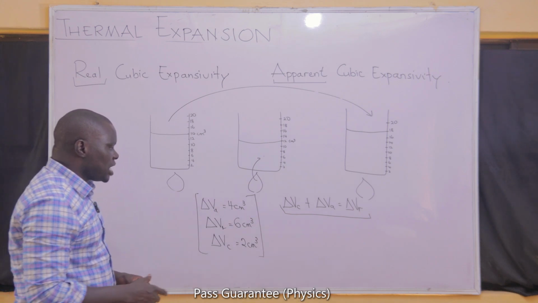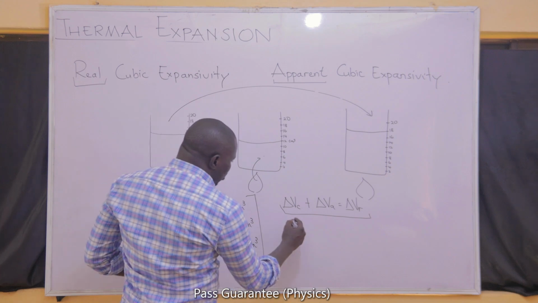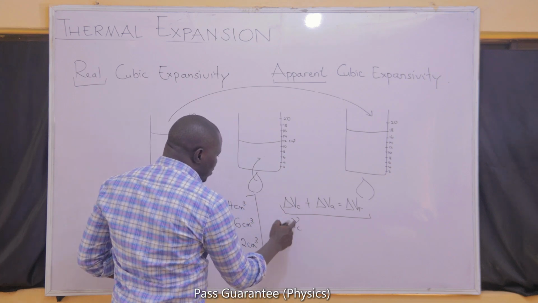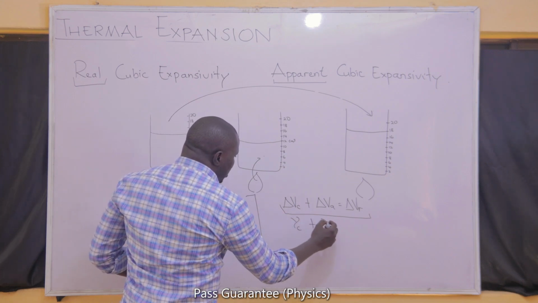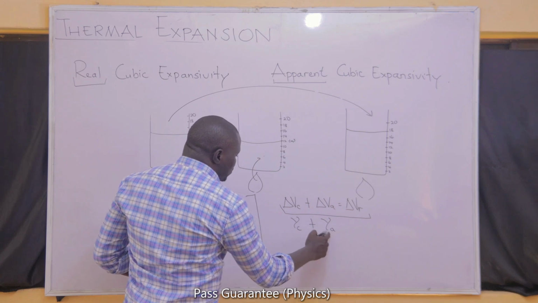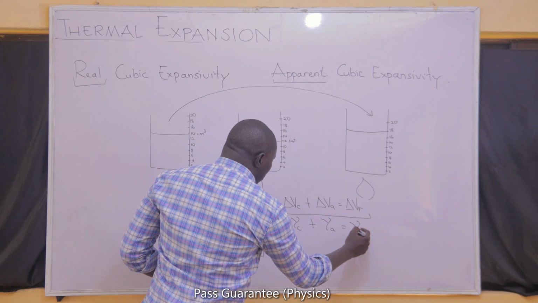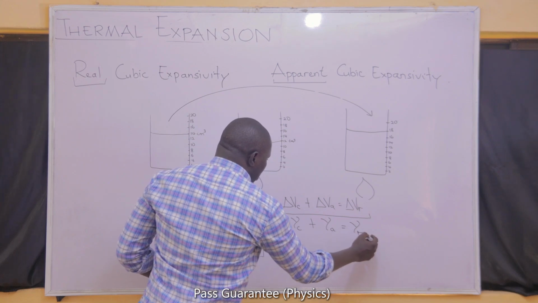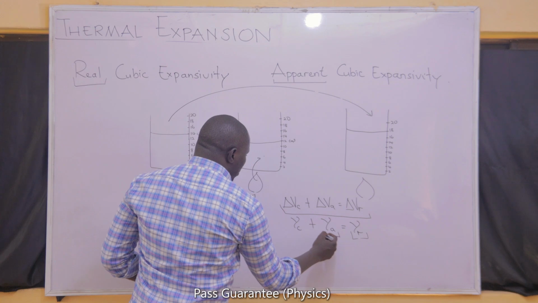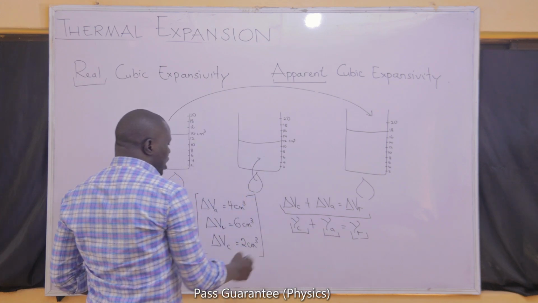It therefore means that if I can find the cubic expansivity of the container and I add it to the apparent cubic expansivity of the liquid, I will always get the real cubic expansivity of the liquid. This is for the liquid, this is for the liquid, this is for the solid container.